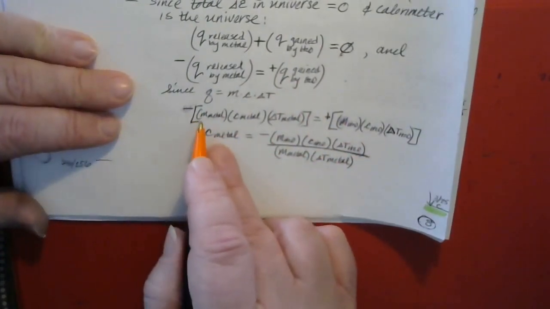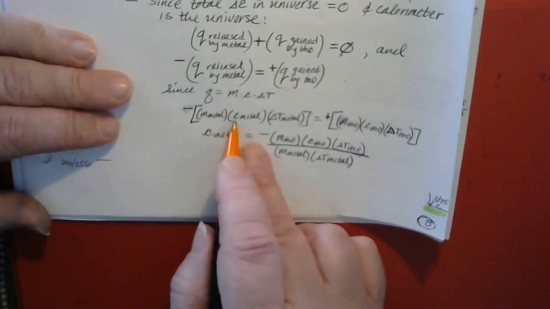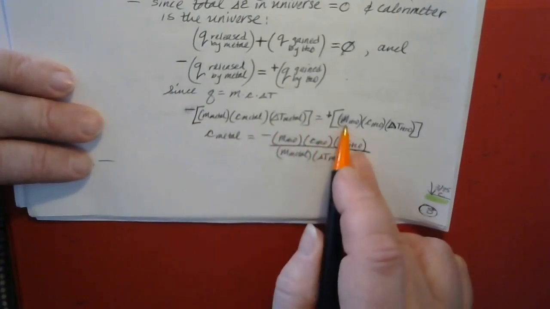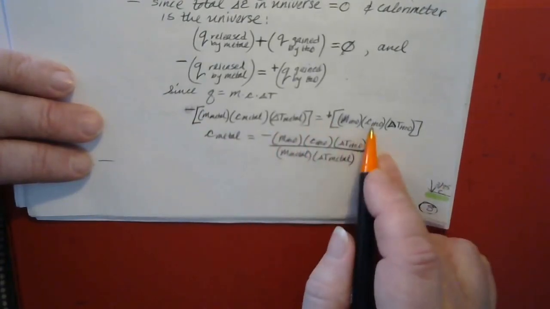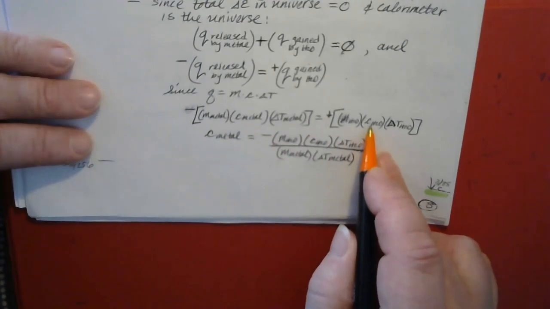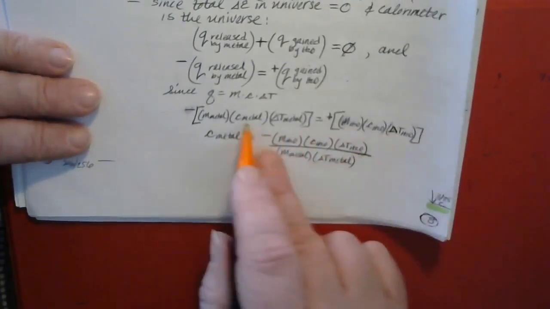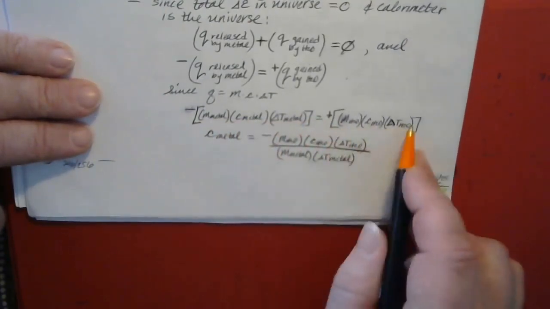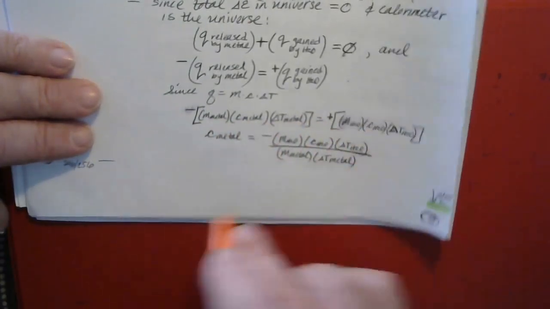We have negative mass of the metal times the specific heat of the metal times the change in temperature of the metal equal to the positive of the mass of the water times the specific heat of the water times the change in temperature of the water. So this is just Q of metal, and the right-hand side is just the Q of the H2O.